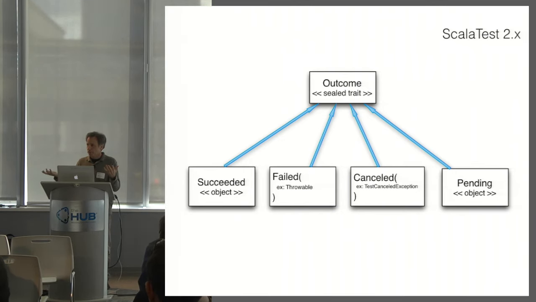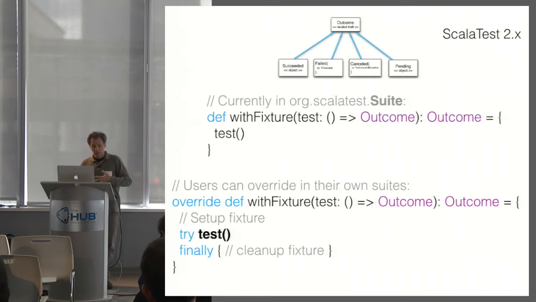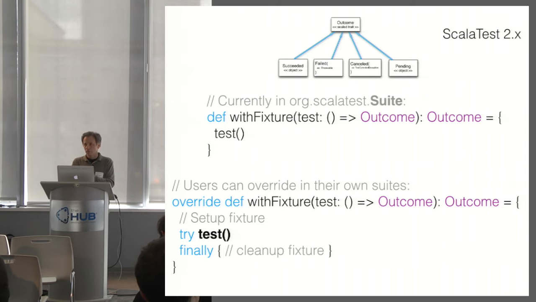Succeeded and Pending are just singleton objects. Failed and Canceled have an exception inside of them. So that's Outcome. And then there's a withFixture method in Suite that takes a test function, and the type of the test function is that it doesn't take any parameters, and it returns an Outcome.